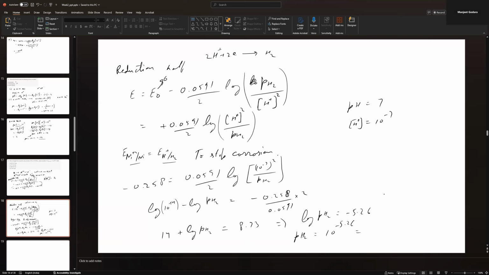I can write this as 10 to the power minus of 6 plus 0.74, so 10 to the power 0.74 times 10 to the power minus 6.